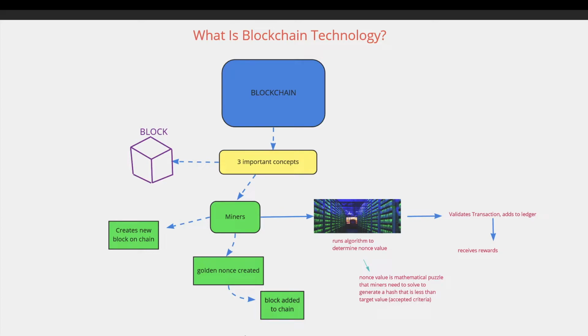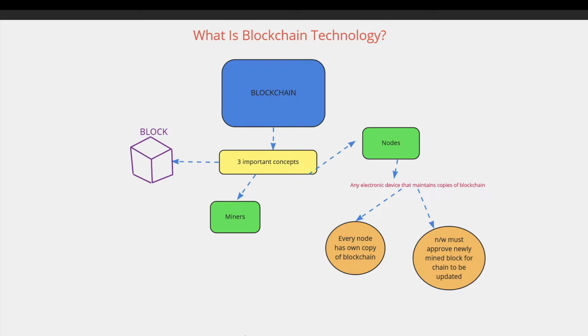It has its own set of criteria, which I'm not going to discuss in depth in this video, but just understand that the work of the miner or the hardware is to determine the value of the block hash. Once that golden nonce is generated, it validates the transaction, and then it gets added to the ledger. The one who successfully validates the transaction will receive the reward.